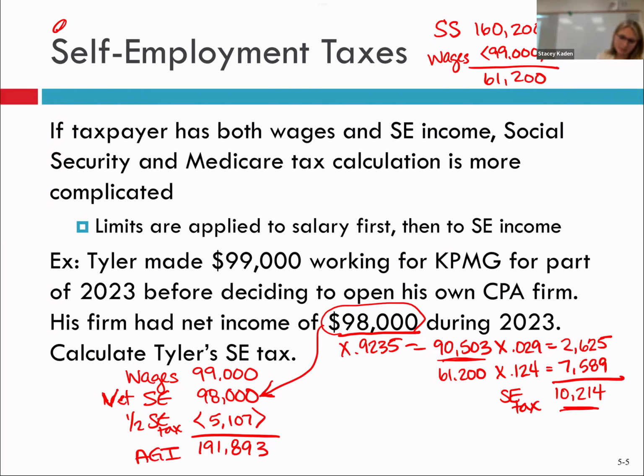Sometimes I will see students try to sneak this number into AGI as the income from self-employment. That is incorrect. We don't get this little bit of deduction for income tax purposes.